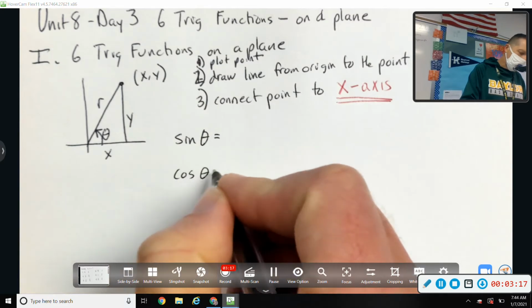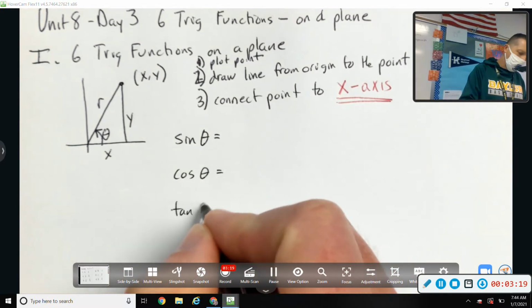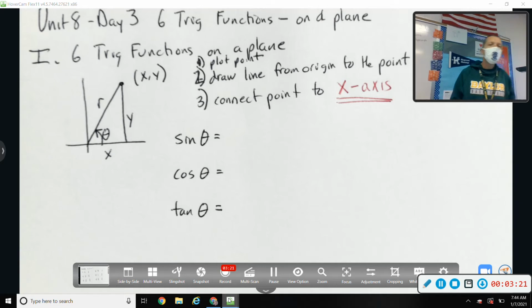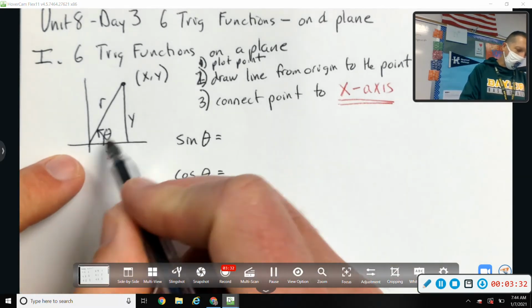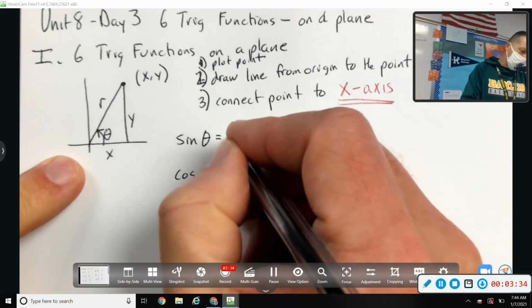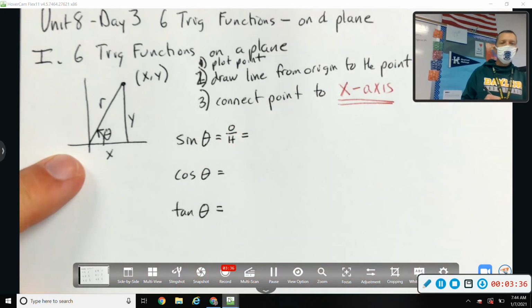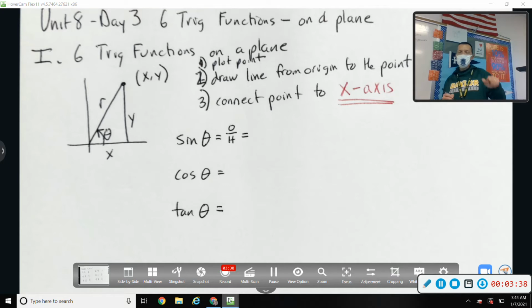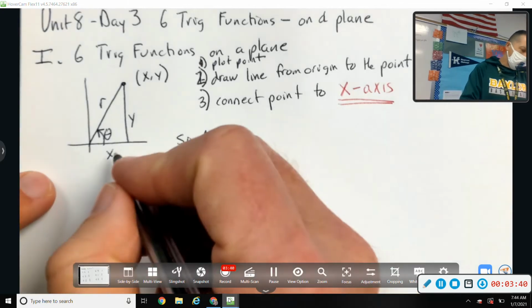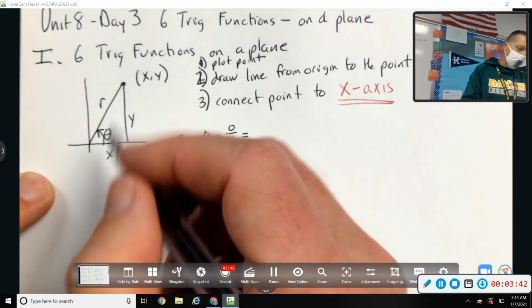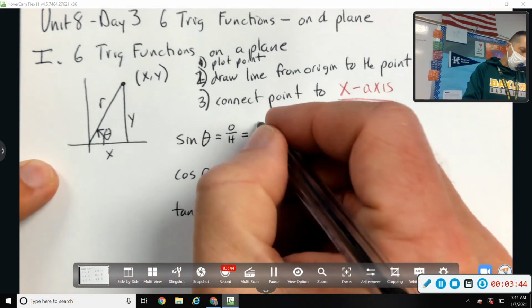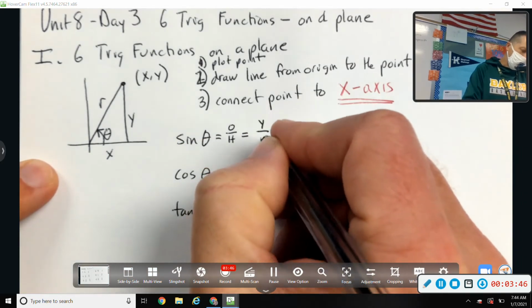All right, let's talk about SOHCAHTOA here. But instead of O and A and H, we got X and Y and R. But SOHCAHTOA still applies. So sine is opposite over hypotenuse. I guess we could write that as kind of a review. For problems where the triangle's on a plane, opposite is y, hypotenuse is r.